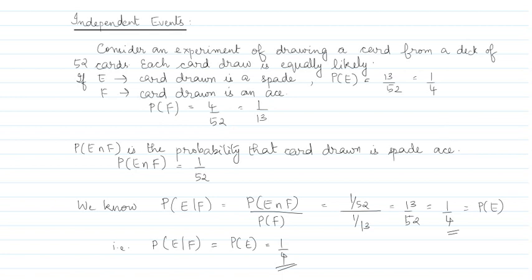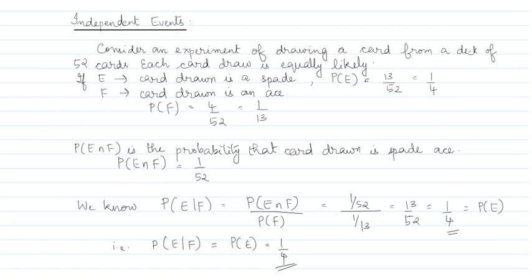That is, what is E intersection F here as per this example? E intersection F would be you are pulling out a spade ace, isn't it? So what's the probability of such an event? There is only one card which is a spade ace. So your P of E intersection F would be 1 out of 52.